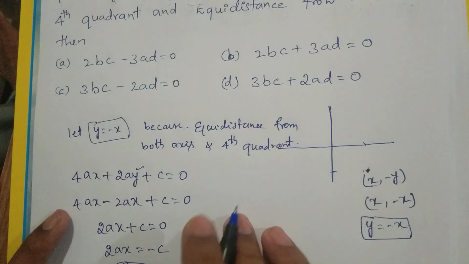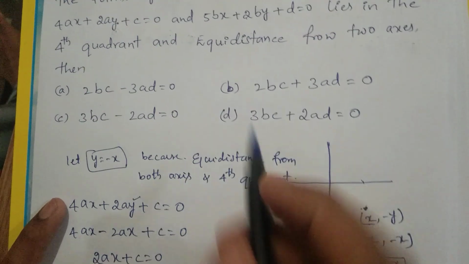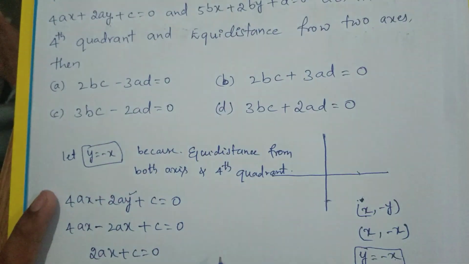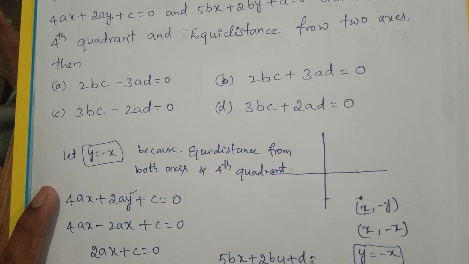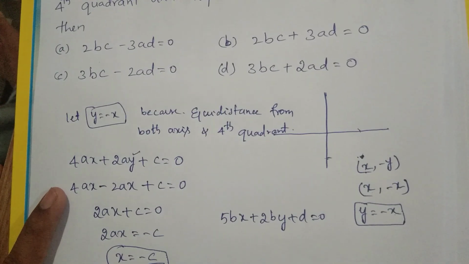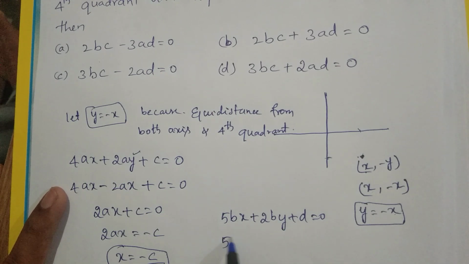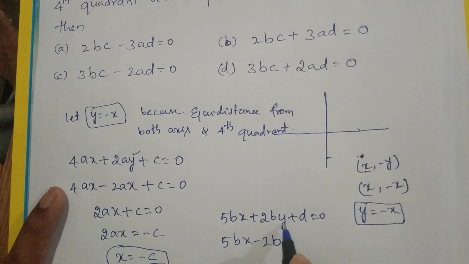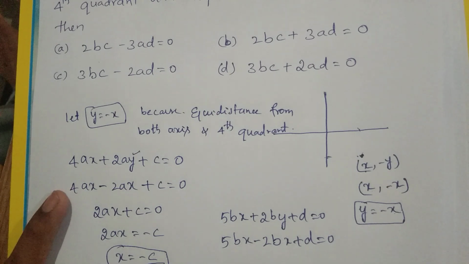In the same way, I will fill y is equal to minus x in equation 2. That is nothing but 5bx plus 2by plus d is equal to 0. Now 5bx, then minus 2bx in the place of y, minus x, plus d is equal to 0.